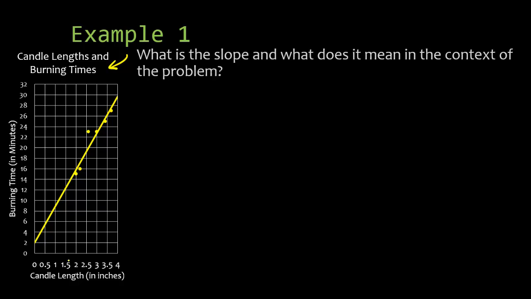So what's the slope, and what does it mean in the context of the problem? So if you're presented with data and you don't have a table to input in your calculator, you just have to kind of eyeball it. So what you're going to do is look for spots where it crosses a grid, right about like here. Or you could start just at 2, because here's a good one. Starts right at 0, 2, and see where it crosses next.